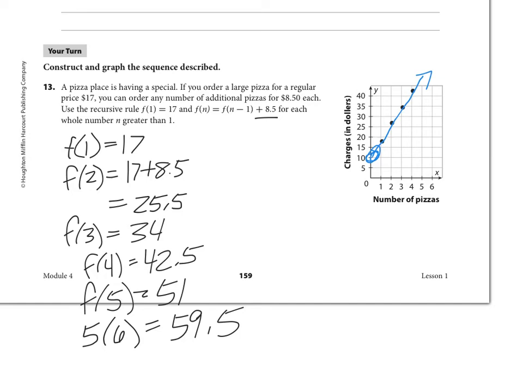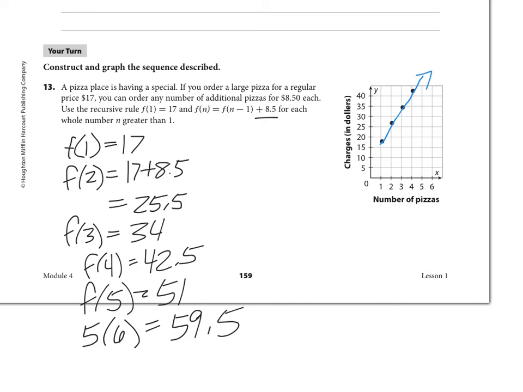And in fact, my line should end right here at 1, because if I order 0 pizzas, it's $0, which means at 1 is the first pizza I buy. So that's what my equation should look like.